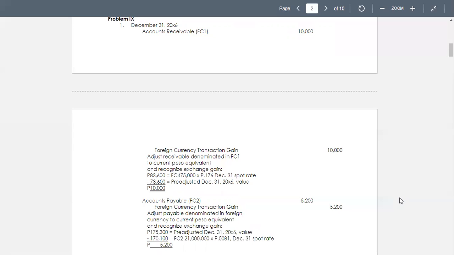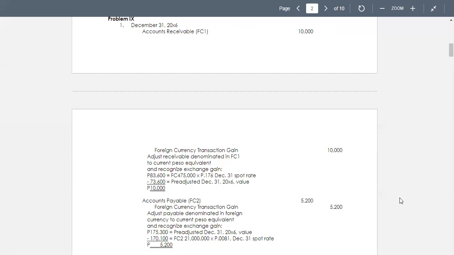Then we compare it with FC2: we multiply 21,000 times 0.0081, which is the spot rate on December 31 for FC2.